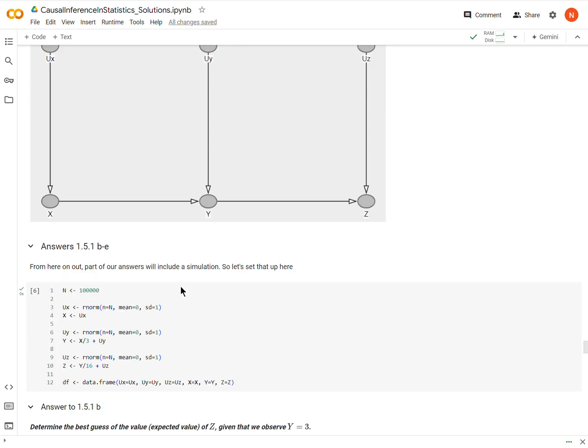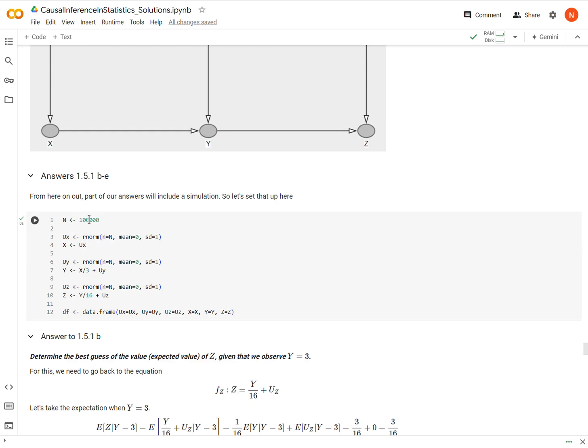Now, in the next several parts, we will actually generate data from here and then simulate it. That's all that this block here is doing. I'm going to simulate 100,000 different observations. I have my variables u_x, with an expectation of 0.